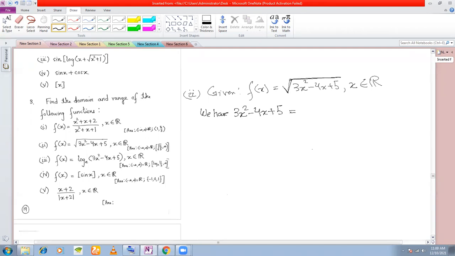Now what you do is, just as we were doing in quadratic theory, we first take 3 common, and I get x square minus 4 by 3 x plus 5 by 3, right?